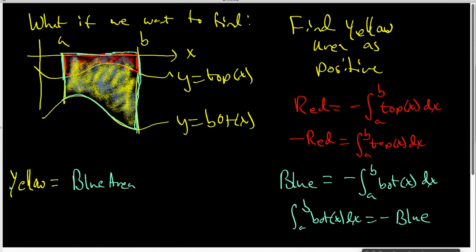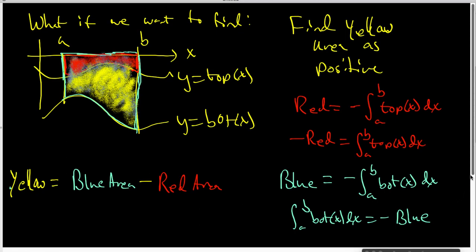The blue area is everything minus the red area, because the red area is this chunk here. And when I take the blue area and I subtract off that red area, what I am left with is indeed the yellow area that I am trying to find.